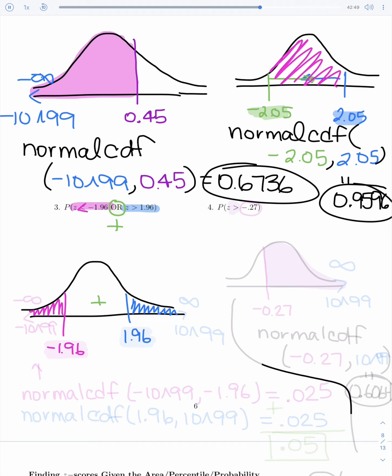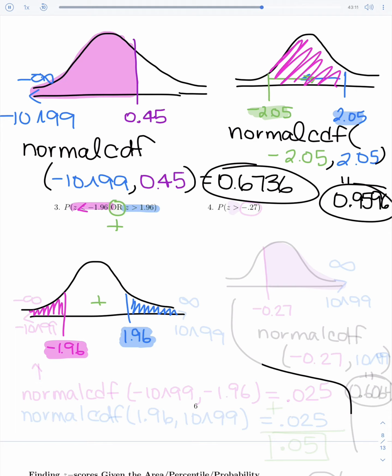Meaning whatever happens on one side happens on the other. So the only reason why these two areas will be the same is because they have the exact same z-value, except for one's negative and one's positive. If they were even slightly different, they would not be the same area on both ends.